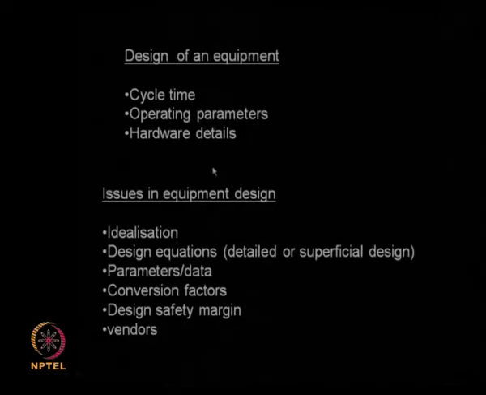Next is operating parameters: what will be the temperature, what will be the pH, what will be the pressure, and if it is a fermenter, what will be the dissolved oxygen. These are called operating parameters. Next is hardware details, that means the size of the equipment, how much will be the diameter, how much will be the length.